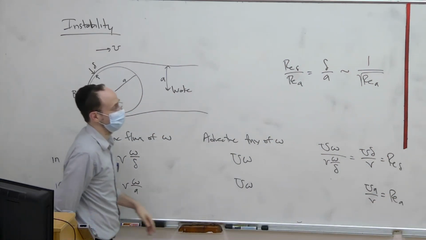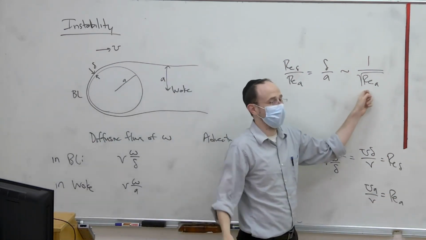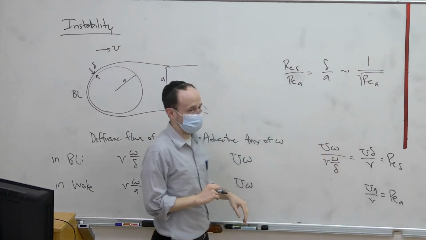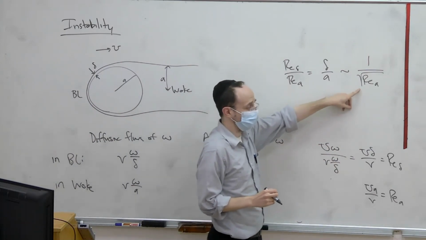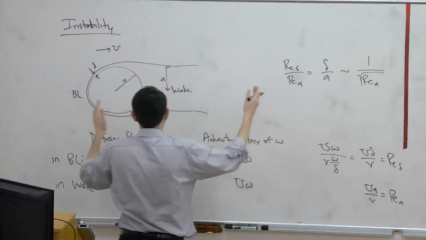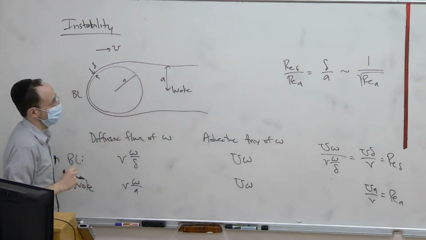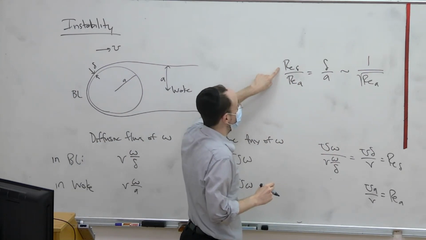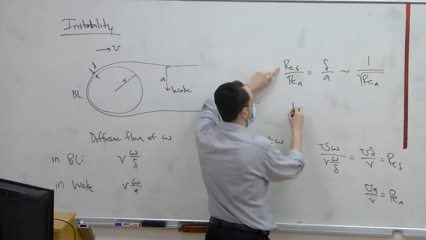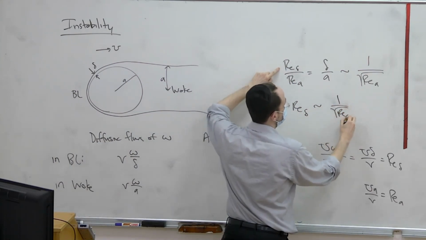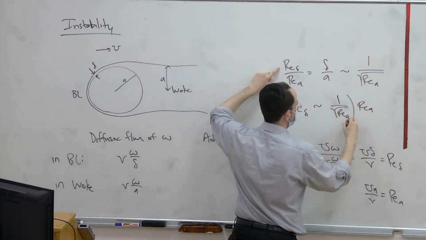And the truth is, this is what we learned from the second lecture, before we even did the asymptotic analysis. Just by doing a dimensional analysis of the equation, we actually got this relationship. We used L back then, instead of A, but it's the same thing, whatever the large-scale characteristic length scale is. So if that's the case, Re_delta is therefore 1 over the square root of Re_A times Re_A.